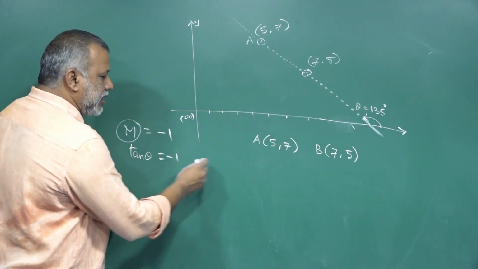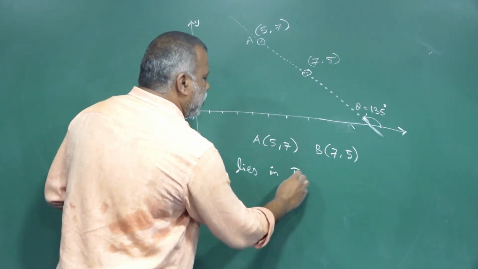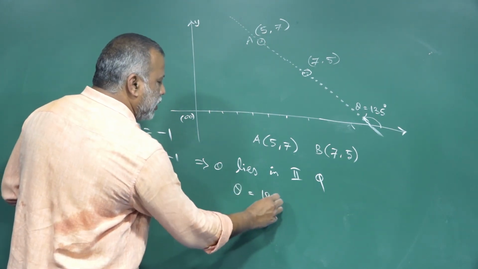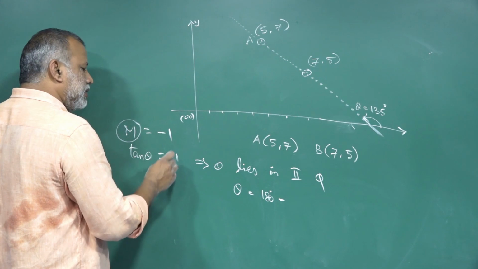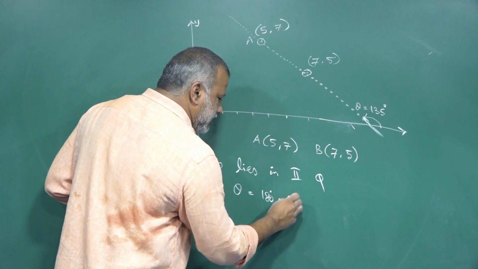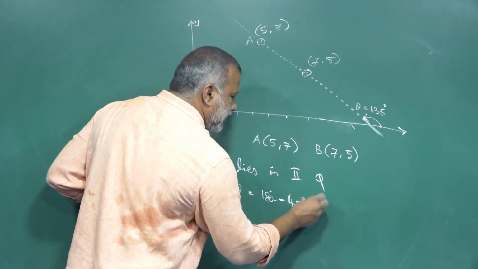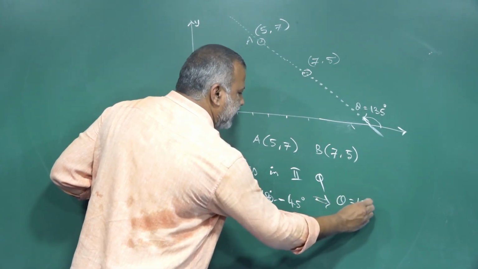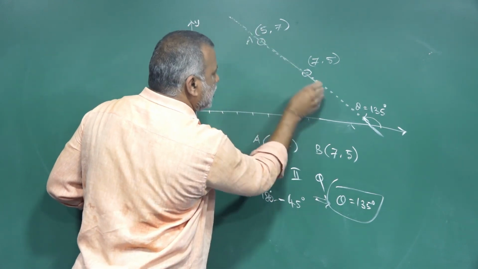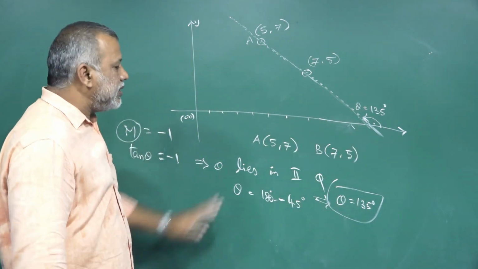To find theta, 180 minus, and when we get 1 for tan from your trigonometric table, it is 45. Therefore subtracting, we get theta equals 135 degrees. See the diagrammatic explanation. When we join these 2 points, we get a straight line. This line makes an angle theta equal to 135 degrees with the x-axis.